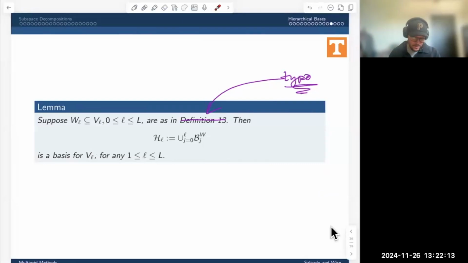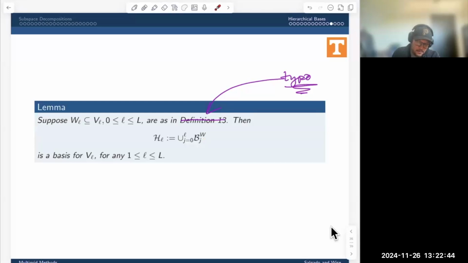Okay, so now suppose that WL is defined as before, then what we're going to do is gather up those functions in the following way. So we're going to make a definition: HL is equal to the union over J equals 0 up to L of the BJWs. So the functions that I just constructed for my W basis.